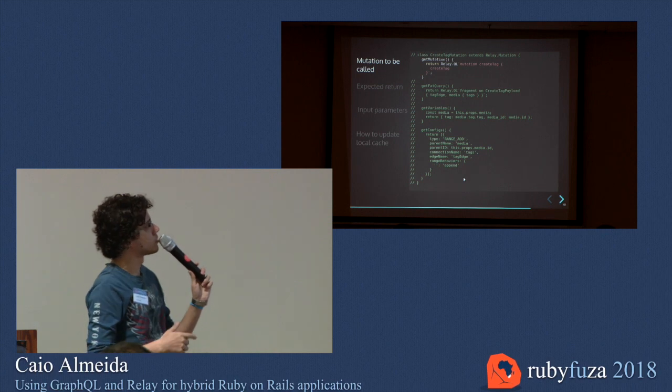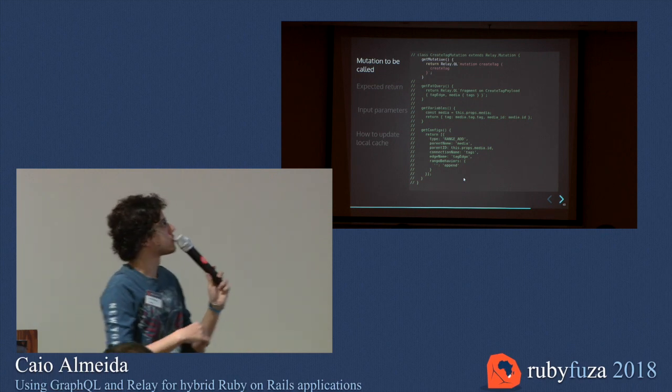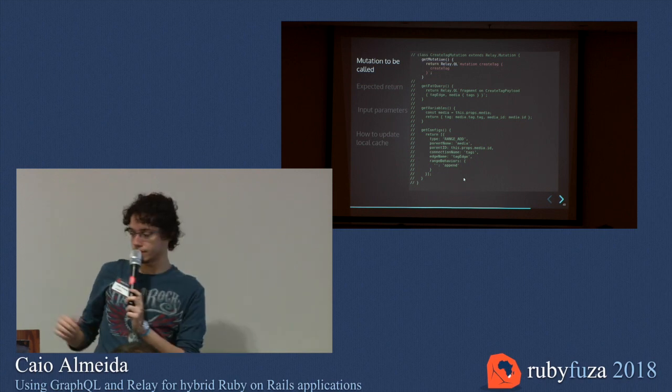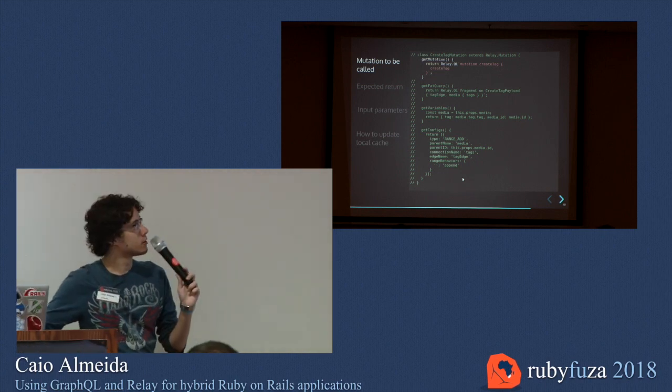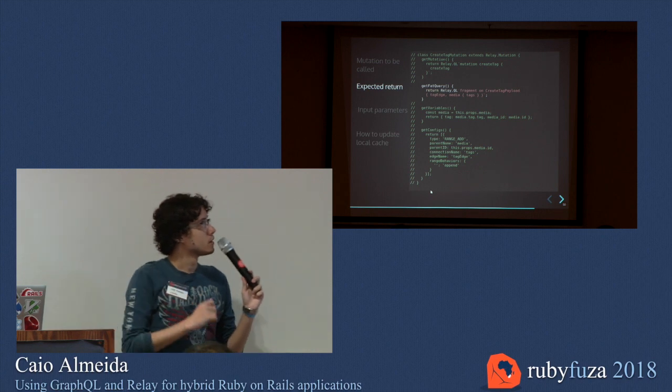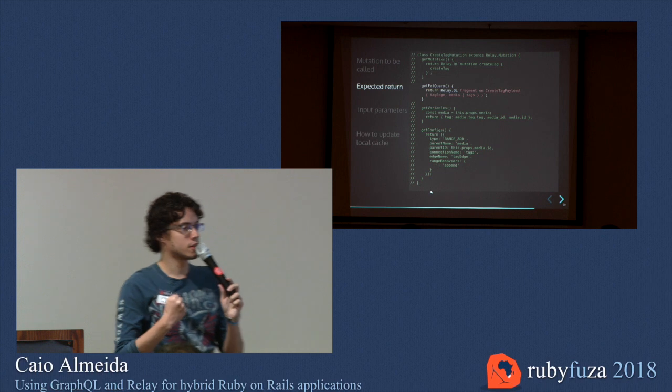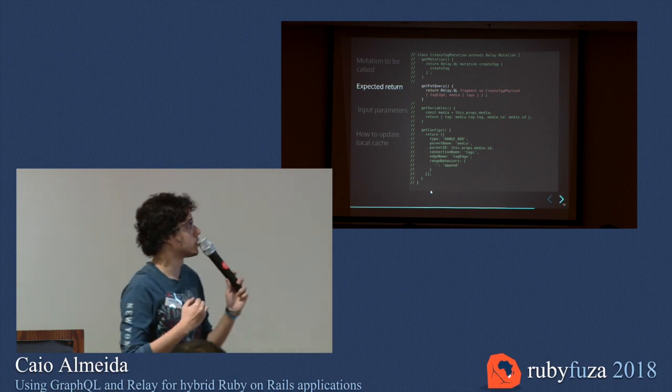The first one is the mutation to be called, which is just the name. So here I'm saying that I'm going to call a mutation createTag. And then on the expected return, I'm going to tell which are the fields from the backend that I want as a result of that mutation.